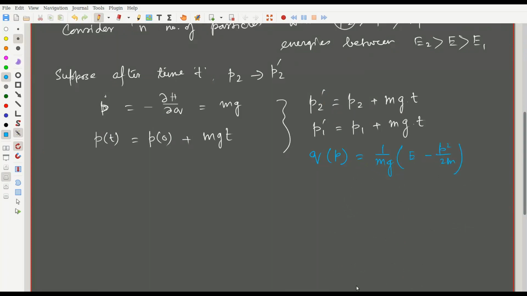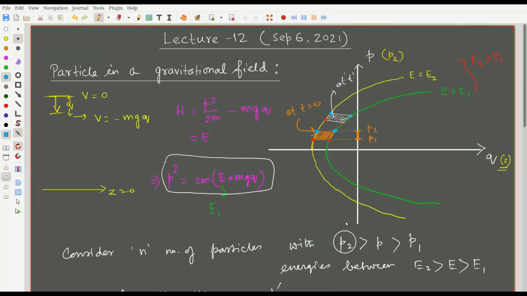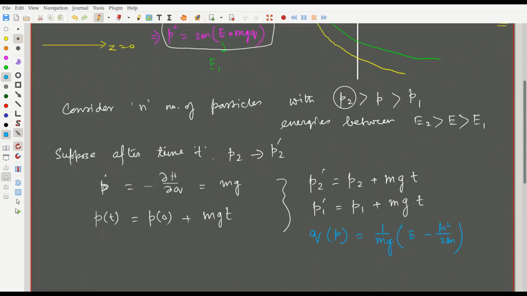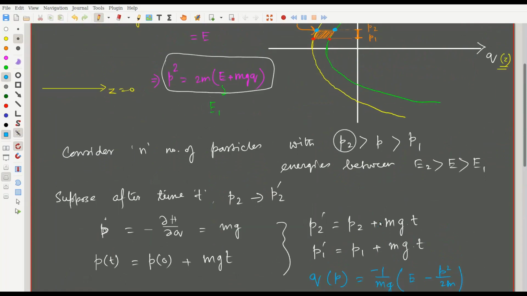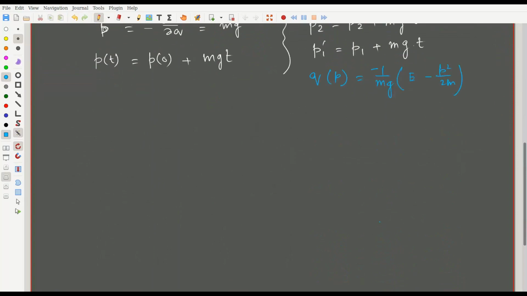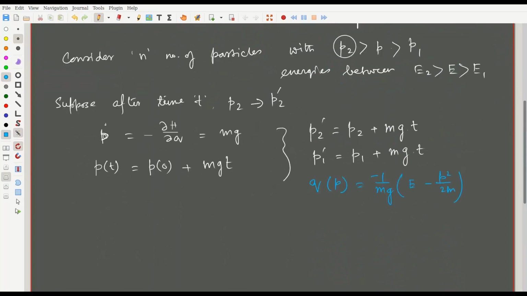I think so. Or maybe I missed a minus sign. So I think it should be p square by 2m minus e by mg. Yeah, it looks okay to me. So this is my q of p. That is fine.